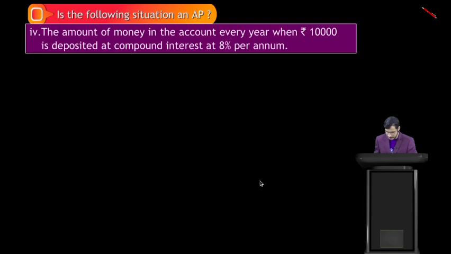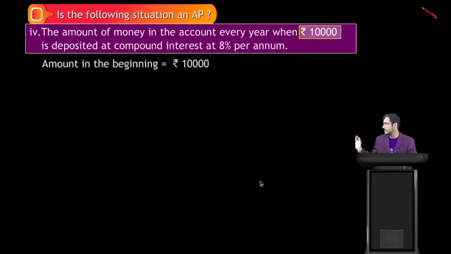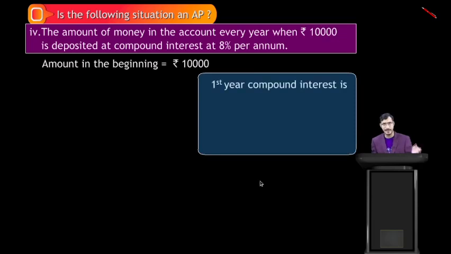So the amount in the beginning is 10,000, deposited at compound interest at 8% per annum. First we find the first year interest. Can you tell me the formula? How can you find interest for the first year?